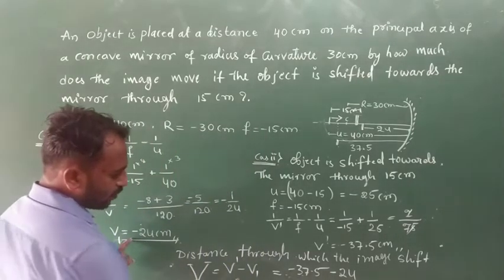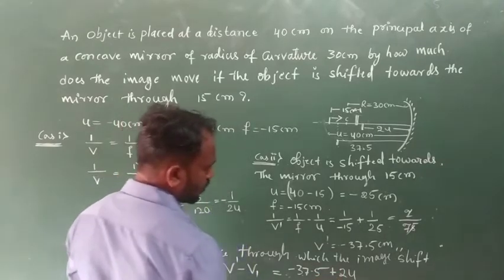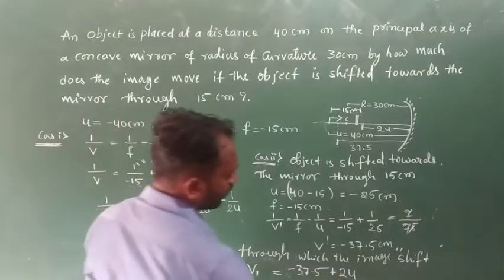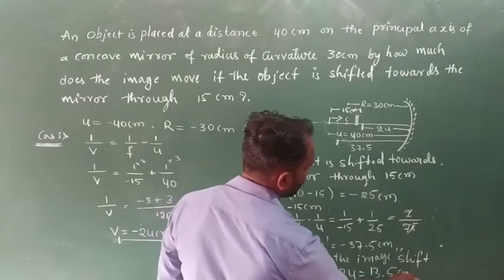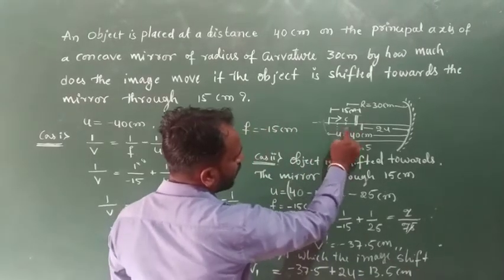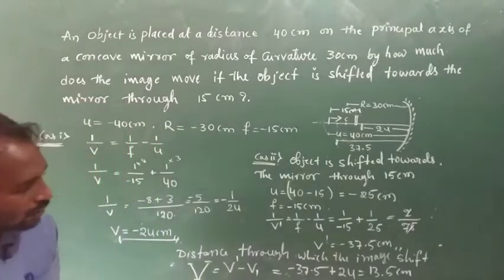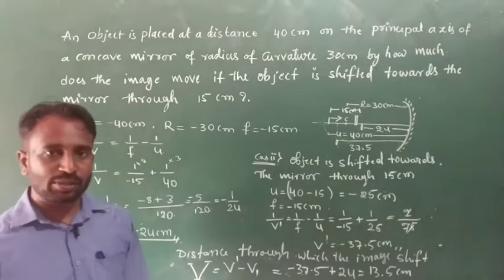Minus into minus means plus, then we get 13.5 centimeter. So the in-between distance is 13.5 centimeter.